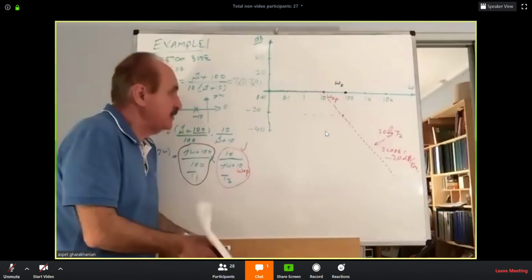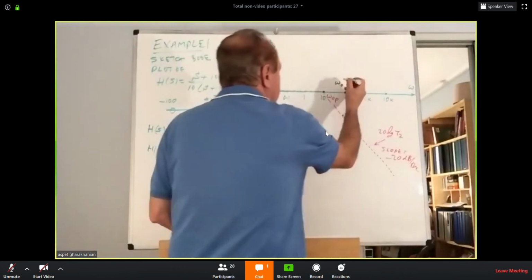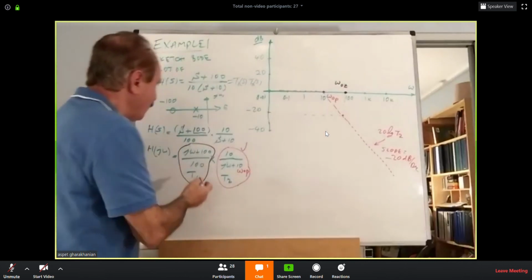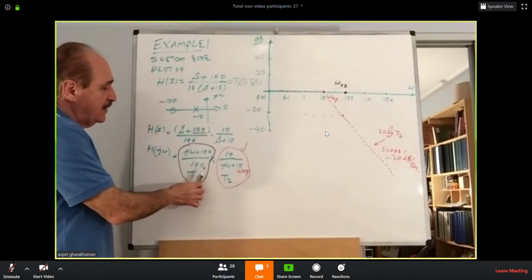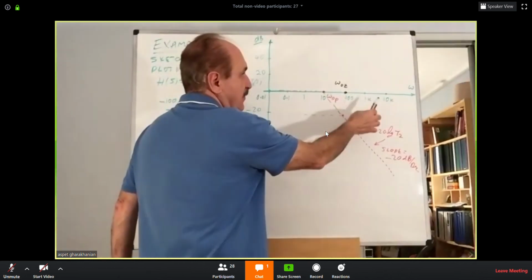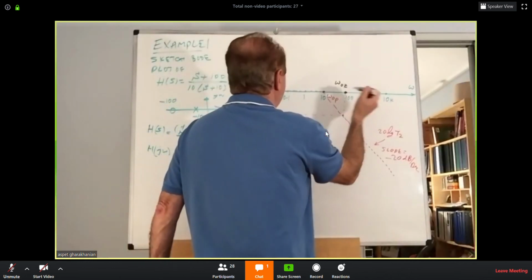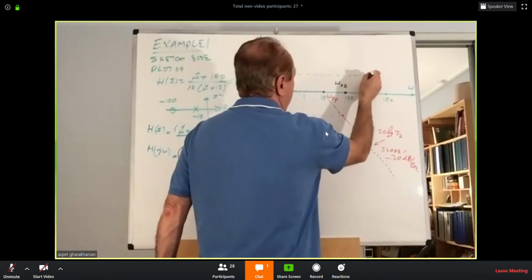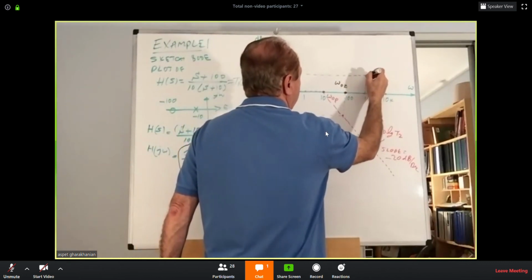Let's go find omega O of the Z. So that's the mark. Next, go find 10 times of that pole. So 10 times of the 100 will be here. Go up 20 dB. Here, mark that point.